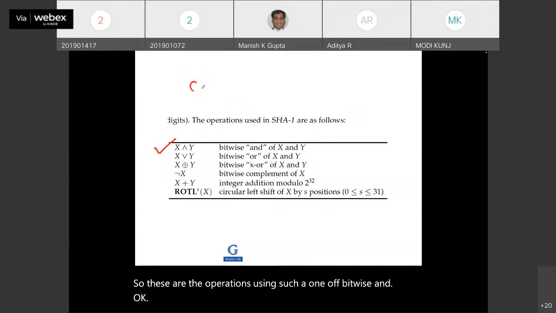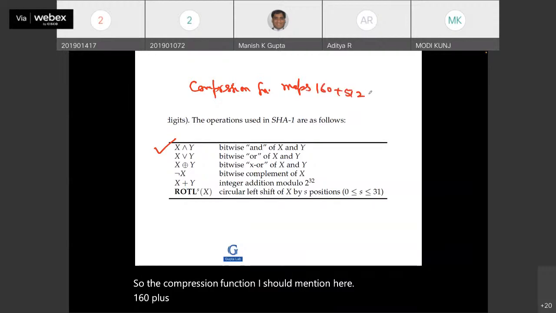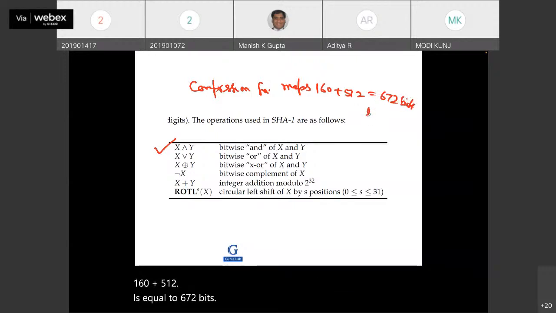So the compression function I should mention here maps 160 plus 512 is equal to 672 bits to 160 bits.